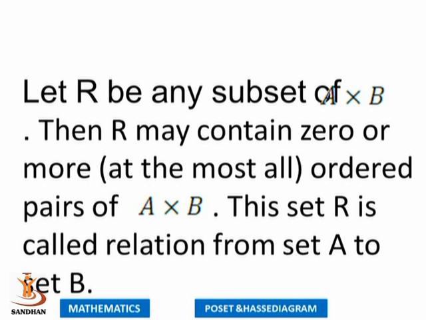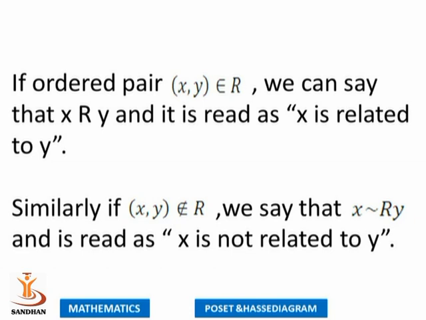So the set R is a relation from set A to set B. If the ordered pair (x, y) belongs to R, we can say x is related to y, and it is read as x related to y. Suppose (x, y) doesn't belong to R, then we can say that x is not related to y, and the notation is on the PPT.